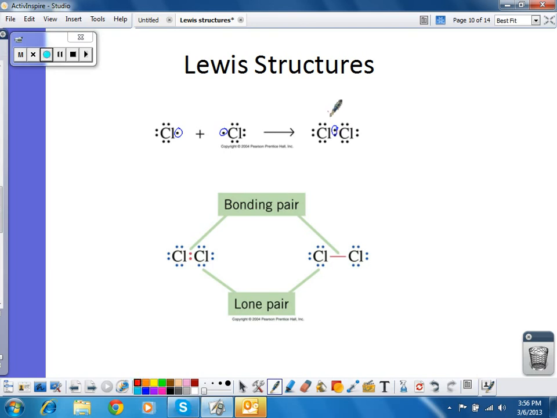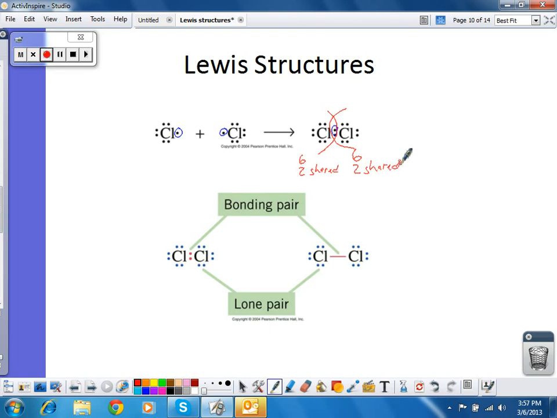So if I look at this chlorine, it sees 8 electrons, 6 that are only assigned to it and 2 that are shared. The same thing with that other chlorine. It sees 8 electrons also, 6 that are just on that one and 2 that are shared.